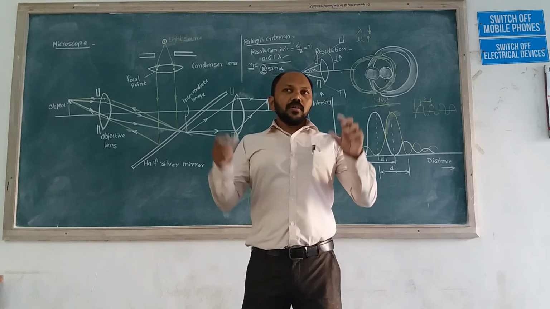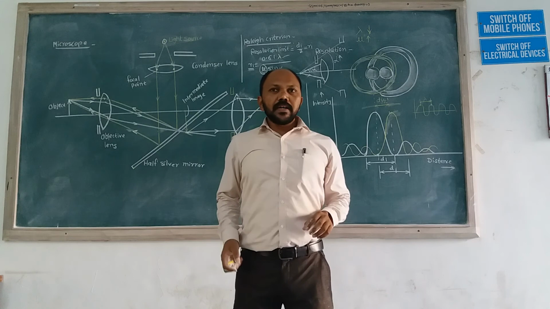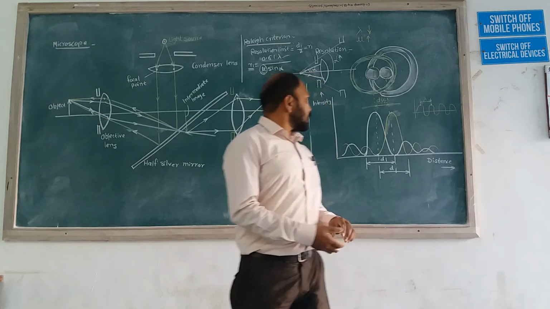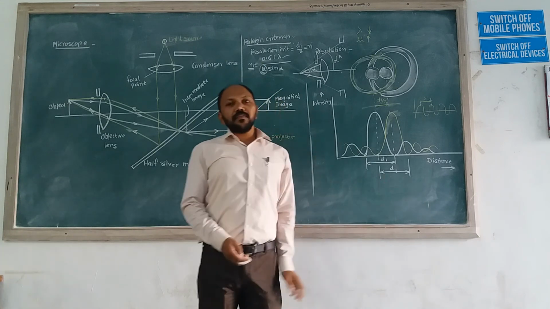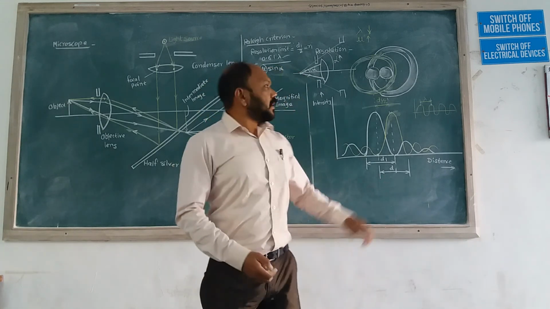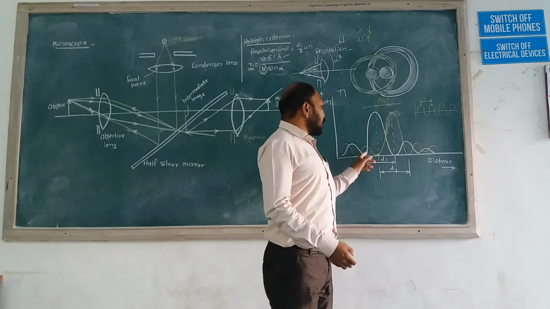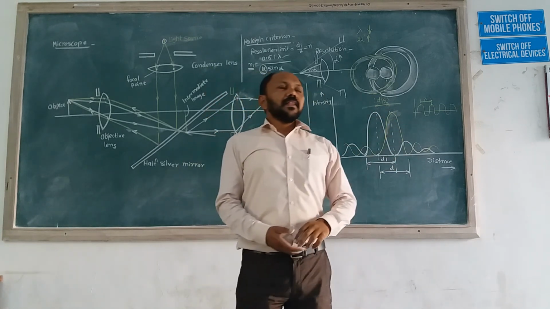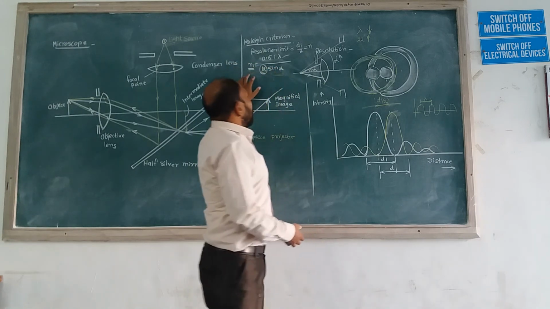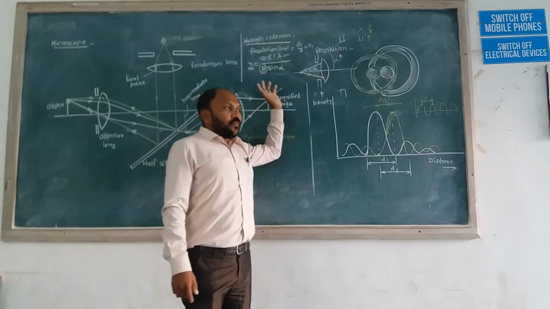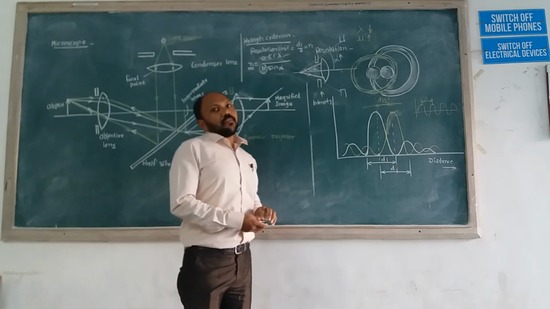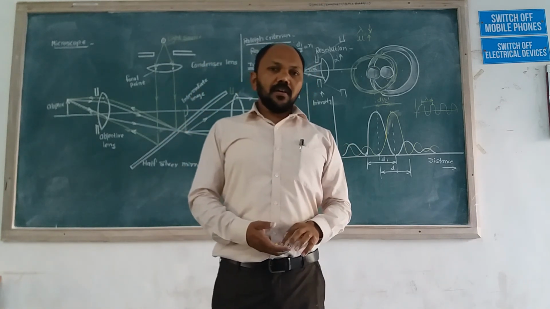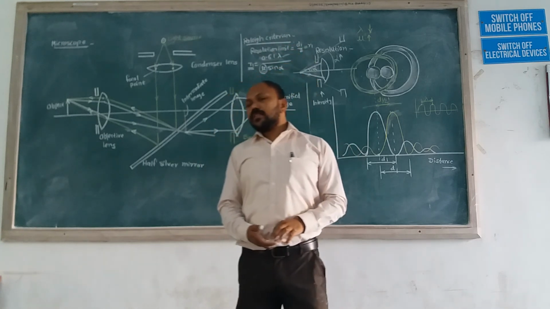Then how the two Airy's rings, if we bring them together, affect the resolution, we also discussed. Then we discussed the intensity versus distance graph, and when the brightness is high at the center, how the amplitude gets varied. Then we discussed the formula of resolution and the important terms which affect the resolution or quality of image. So in this way we finish this topic.